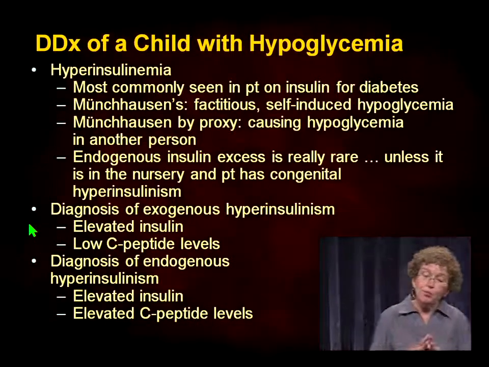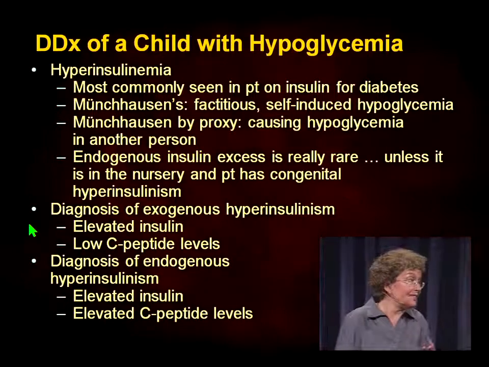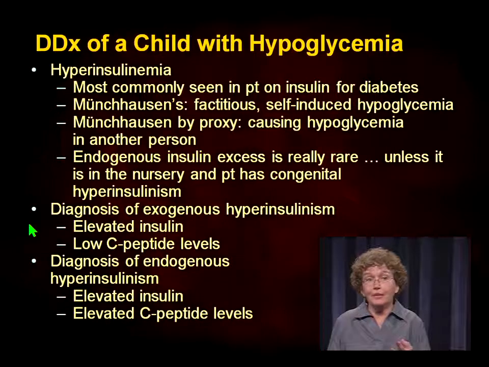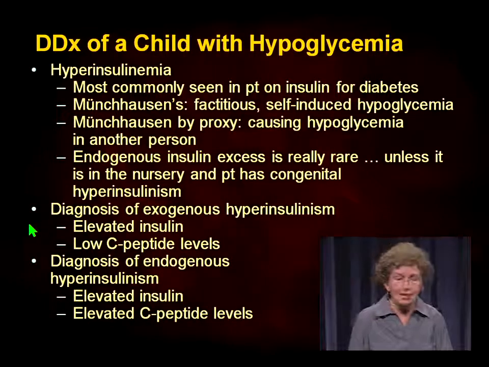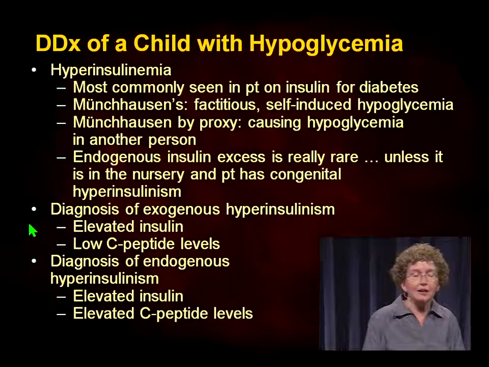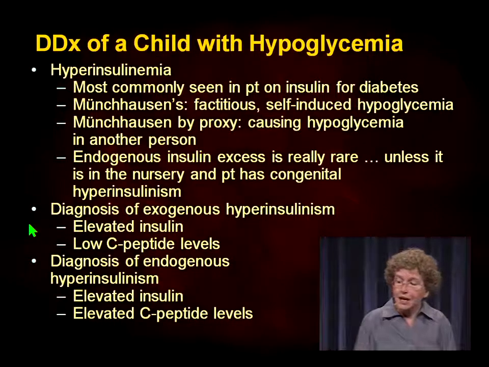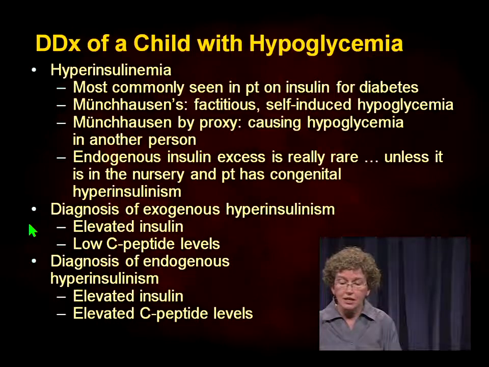So again, things you've got to know for hypoglycemia: hyperinsulinemia. The most common cause is if you're on insulin and you underestimate how much you ate or you overestimate your insulin requirements, you're going to get a low blood sugar. So that's the most common. But Munchausen by proxy, unfortunately, is out there, and I've seen it a number of times. Munchausen's is when you give it to yourself. A lot of teenagers, they don't want to go to school, so they give themselves too much insulin.